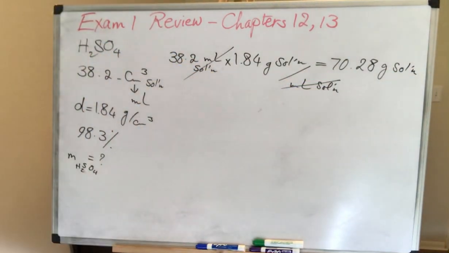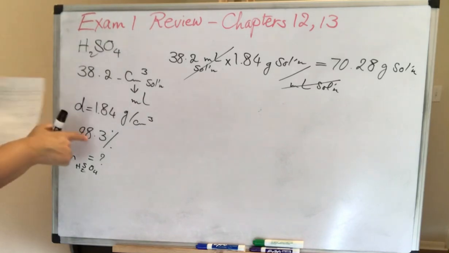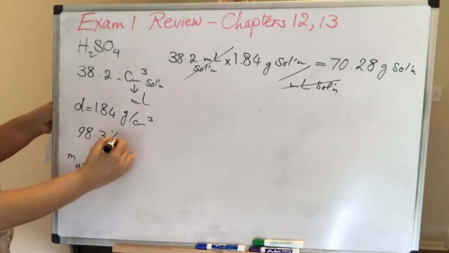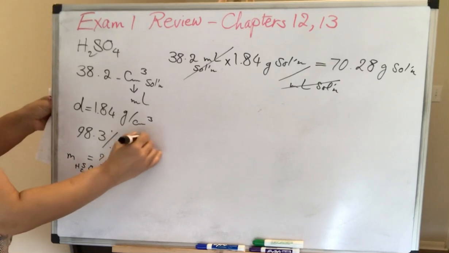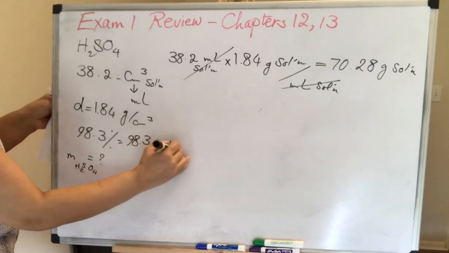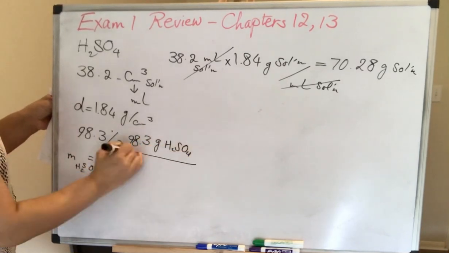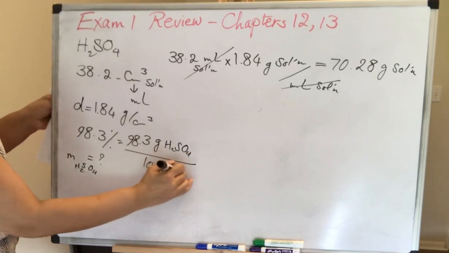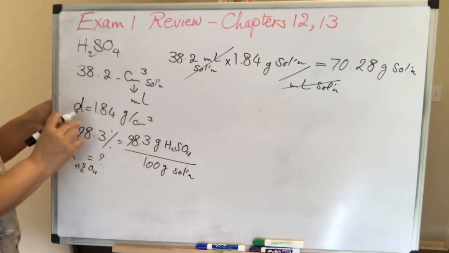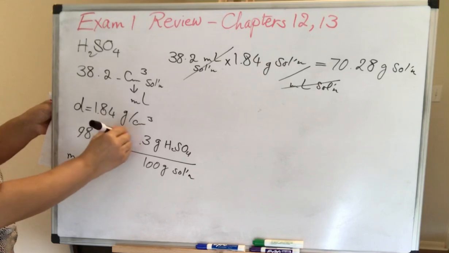Okay? Now, based on what is given, 98.3% means 98.3 grams of H2SO4 in 100 grams of solution. That's the meaning of 98.3%.